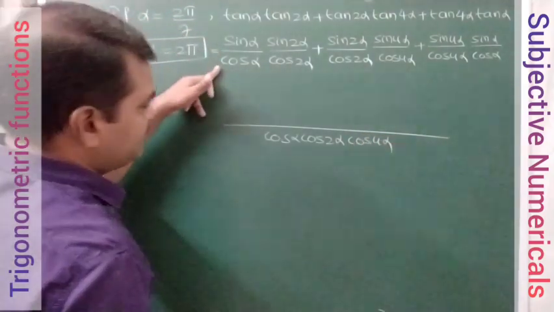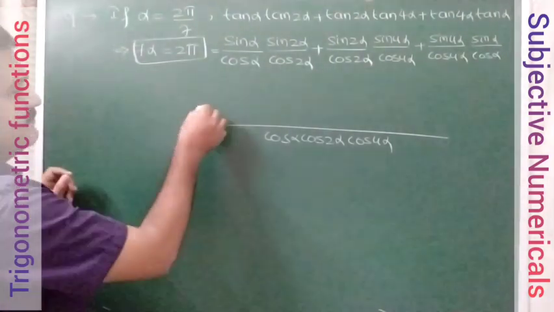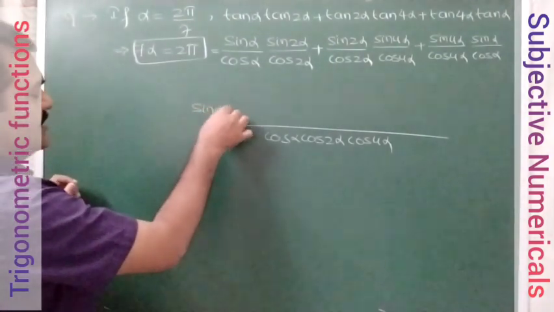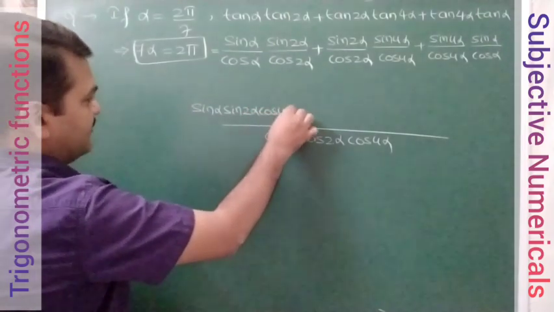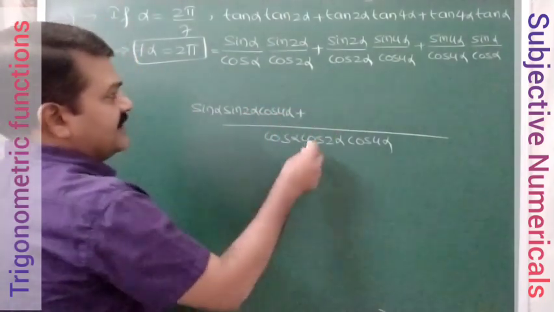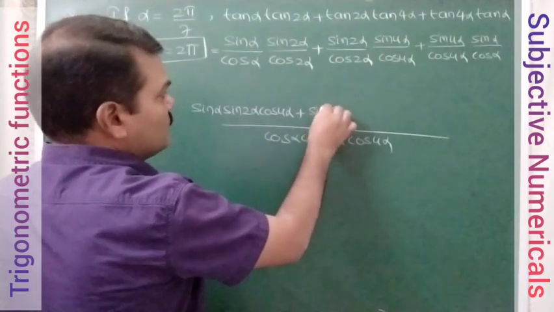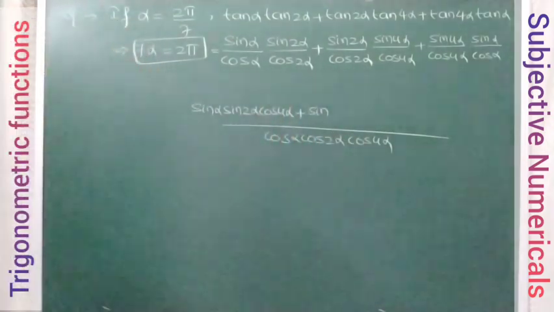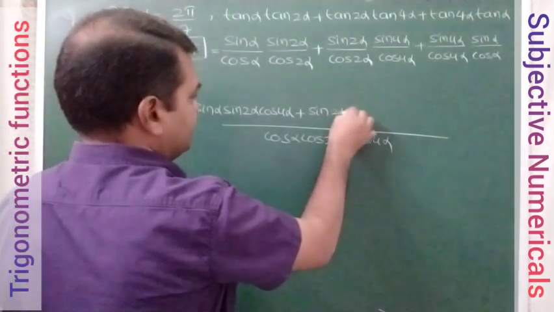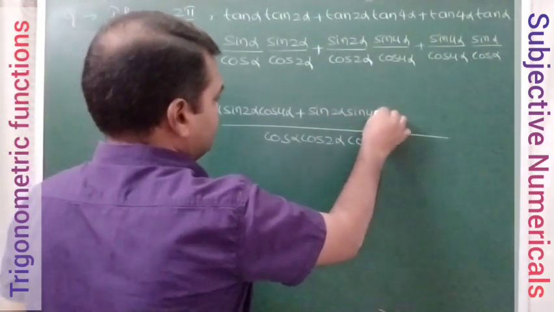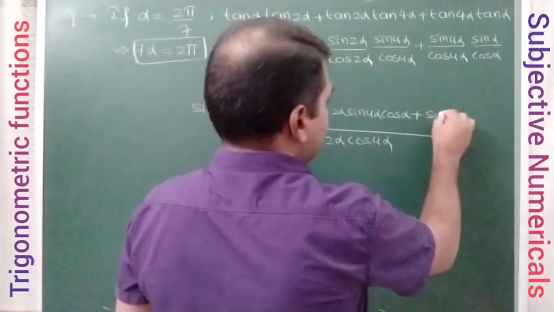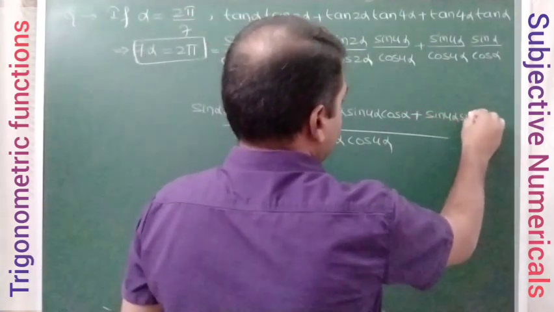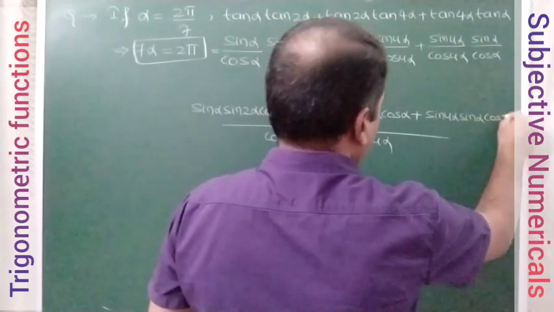So here we will get sin alpha, sin 2 alpha, cos 4 alpha as the first term. And in the second term we will get sin 2 alpha, sin 4 alpha, cos alpha. In the last term we will get sin 4 alpha, sin alpha, cos 2 alpha.